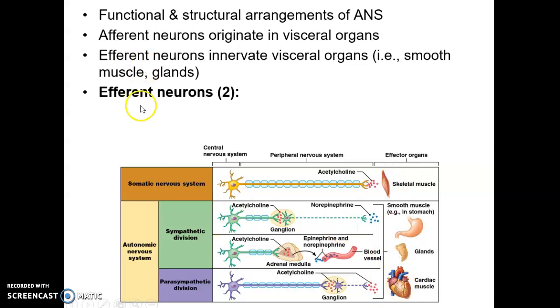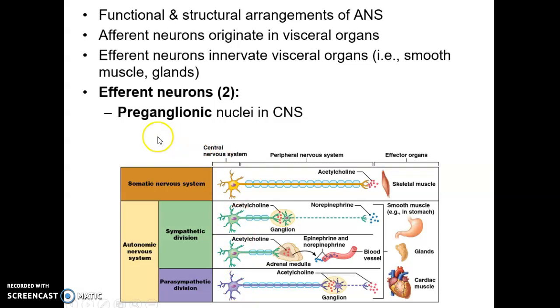So two efferent neurons. The first one is referred to as the preganglionic neuron. Its nucleus is in the central nervous system, as I mentioned here. All right, central nervous system, brain or spinal cord.